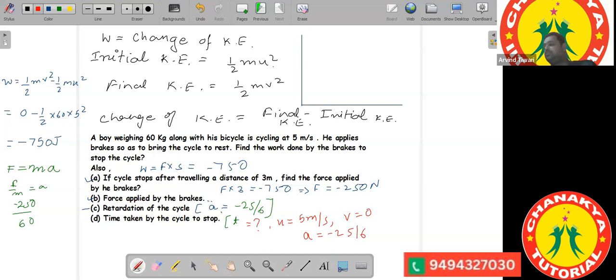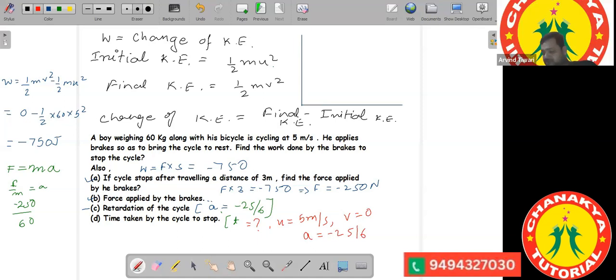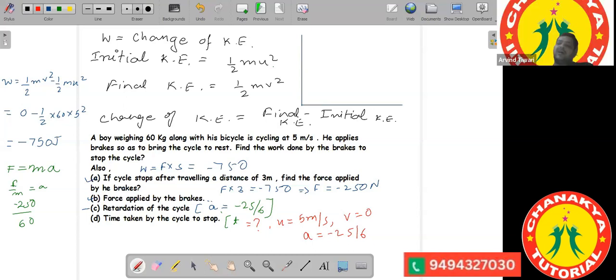And which equation of motion will you utilize? A equals V minus U by T. Yes. Okay. So using the formula of acceleration, or by using the first equation of motion, tell me how much time will it take for the cycle to stop?